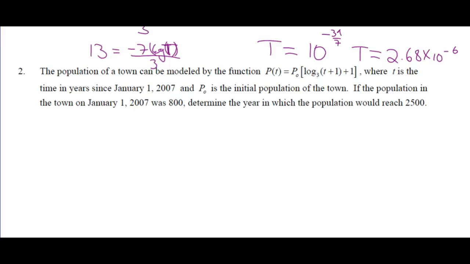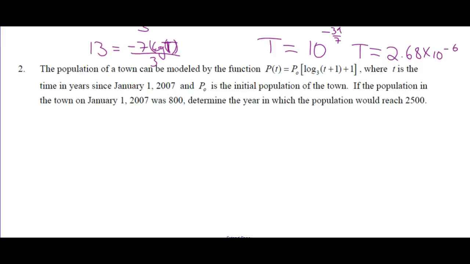We haven't done e, have we? No, okay. We will next course. But log 3 of t plus 1, plus 1, where t is the time in years since January 1st, 2007. P0 is the initial population.